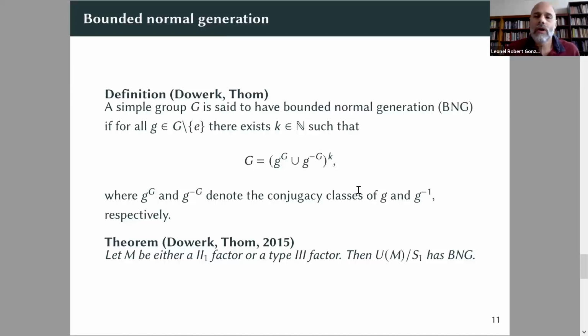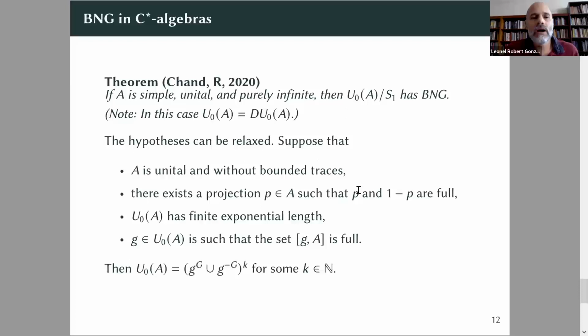Okay. So we have taken this up and now move over to the C*-algebra setting and see what we get. The theorem that Abhinav Chand and I have says that if we have a simple purely infinite C*-algebra, then because the C*-algebra has no bounded traces, the commutator subgroup agrees with the whole unitary group.